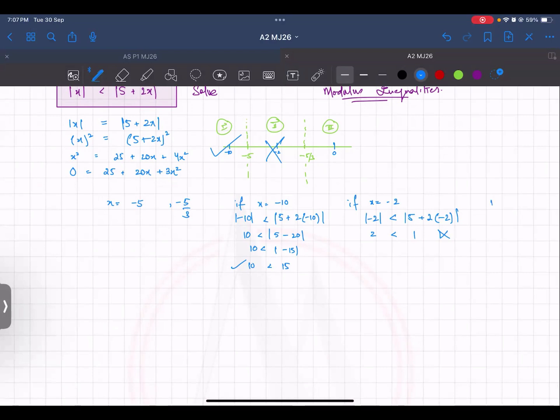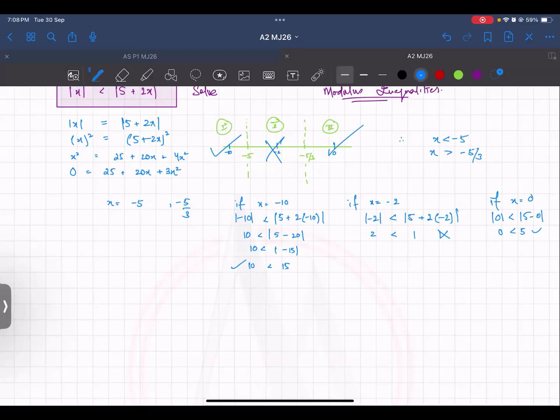And then if x is 0, modulus of 0 is less than modulus of 5 minus 0, so 0 is less than 5. This means this is part of the solution. So as your final answer, you will say that x should be less than minus 5 and x should be more than minus 5/3.